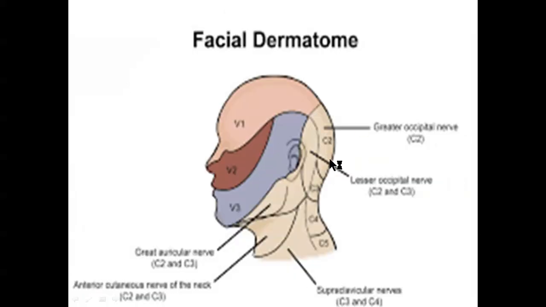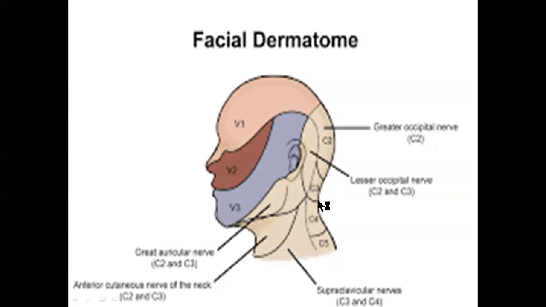Now again, same thing, talking about our facial dermatome. As already mentioned, C2, C3, C4. Here it is your C2. Now C2 over here is your greater occipital nerve. The difference here is, if we talk about C2, C3, C4, the neck is divided into the lateral part, that is the side of the neck, and the back of the neck.